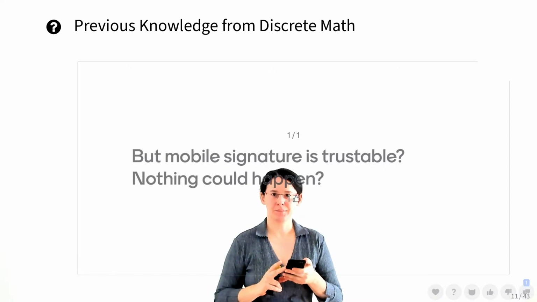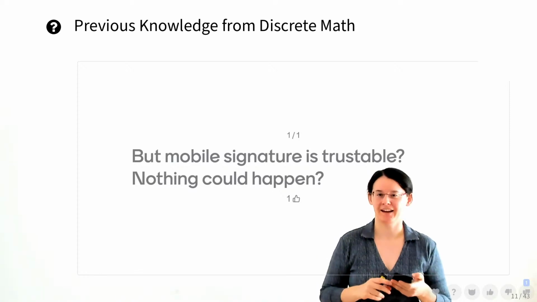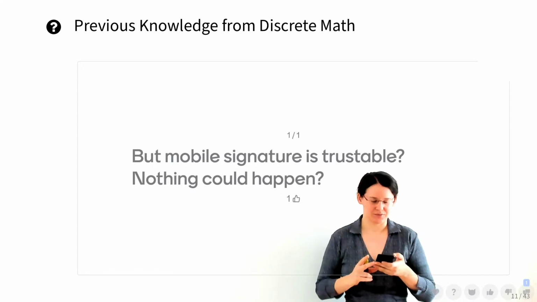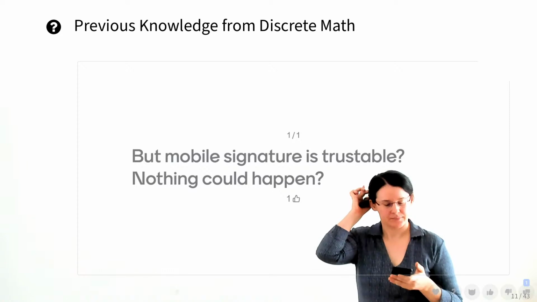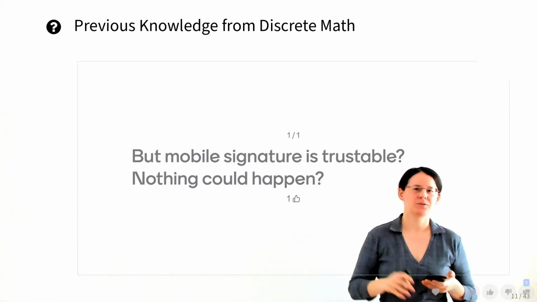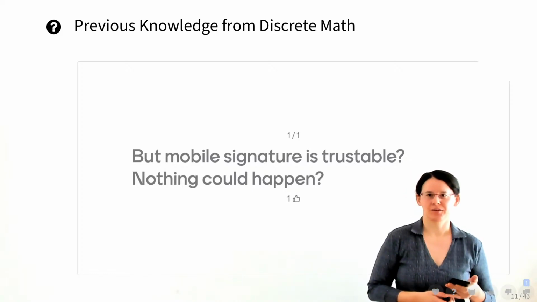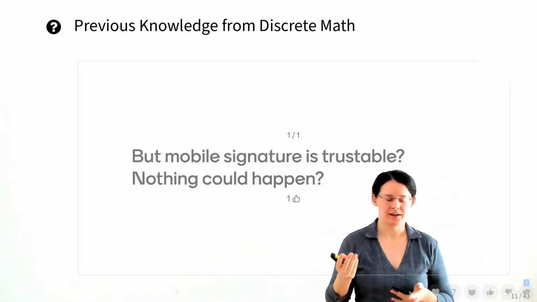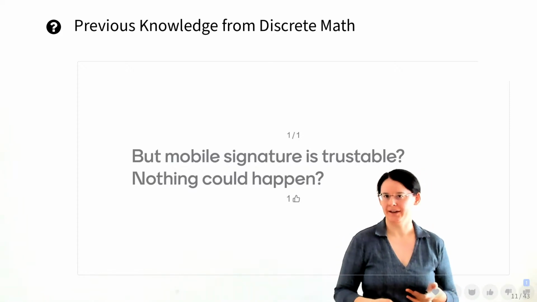So, what about mobile signatures? Are they trustable? Yes, they are. They were actually developed at the IAK many years ago, and still are continuing to be developed, or partly at IAK. Nothing could happen. Well, there are a few things that could happen. I don't want to go into too much detail, but it's not the fault of the crypto. In particular, if you attach a mobile signature to a PDF, for example, you cannot modify the PDF anymore, so the signature will not validate anymore.